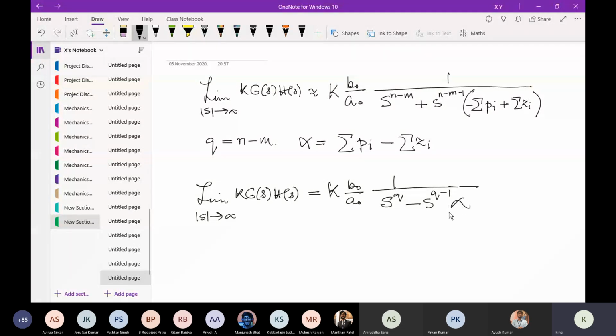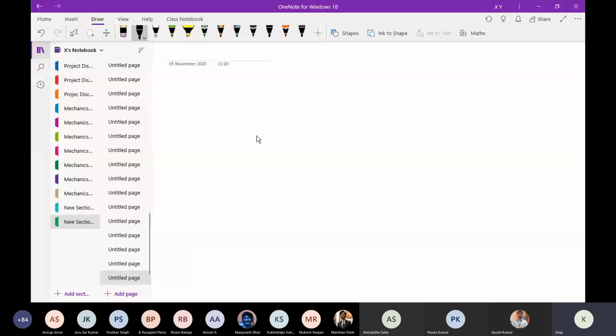So alpha will be a complex number. Now this is going to be a little involved.